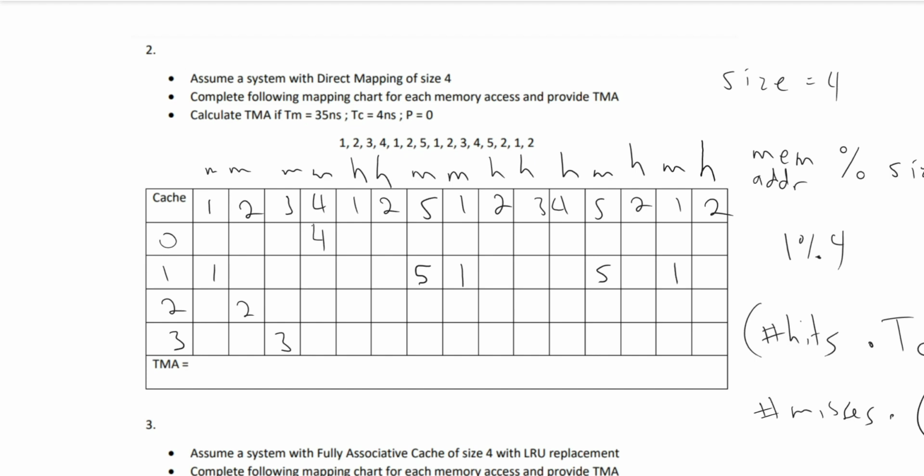Time for the miss plus penalty. All right, so how many hits did we have? We had 1, 2, 3, 4, 5, 6, 7. So 7 hits. Misses 1, 2, 3, 4, 5, 6, 7, 8. 8 misses, right?